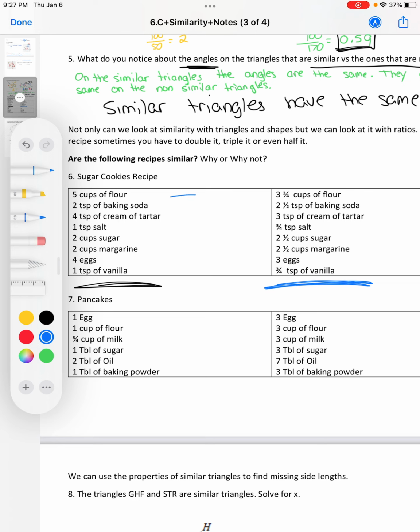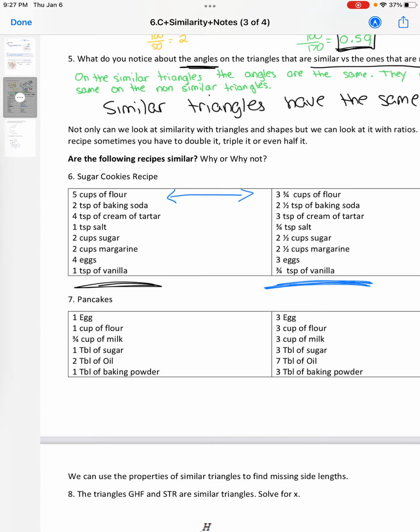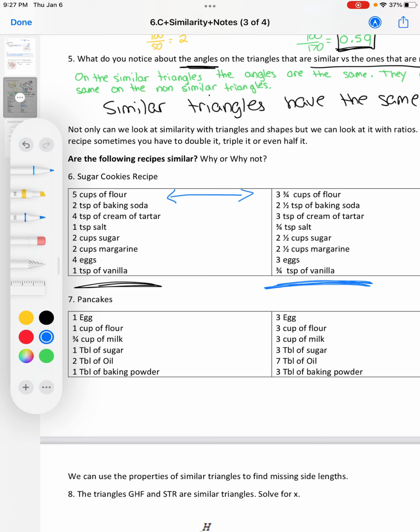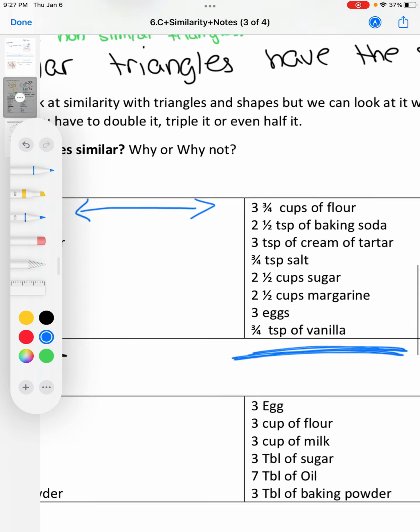So what's the difference here between 5 and 3 3/4? Let's see. What are we going to have to multiply by? So we can just type in our calculators. We can take 5 and divide it by 3 3/4. Do we know what 3 3/4 is?